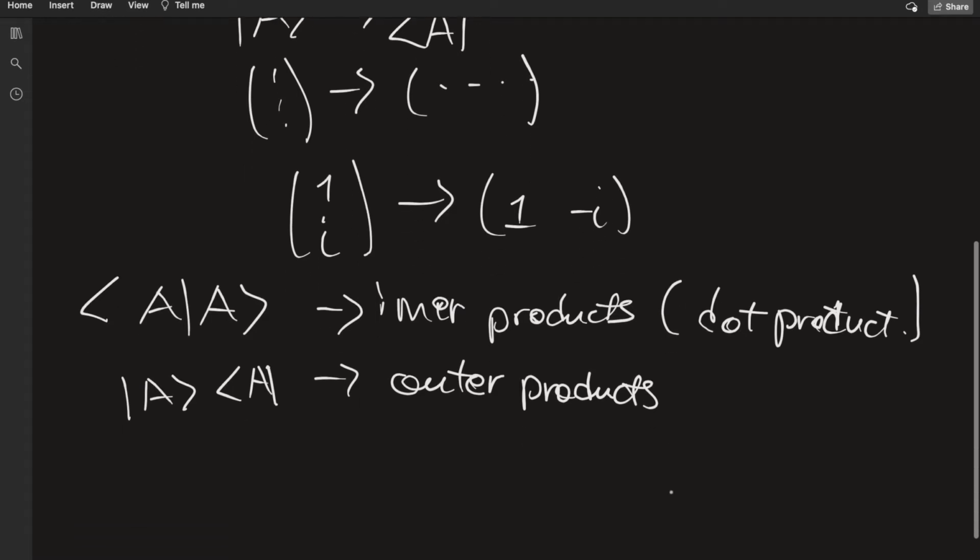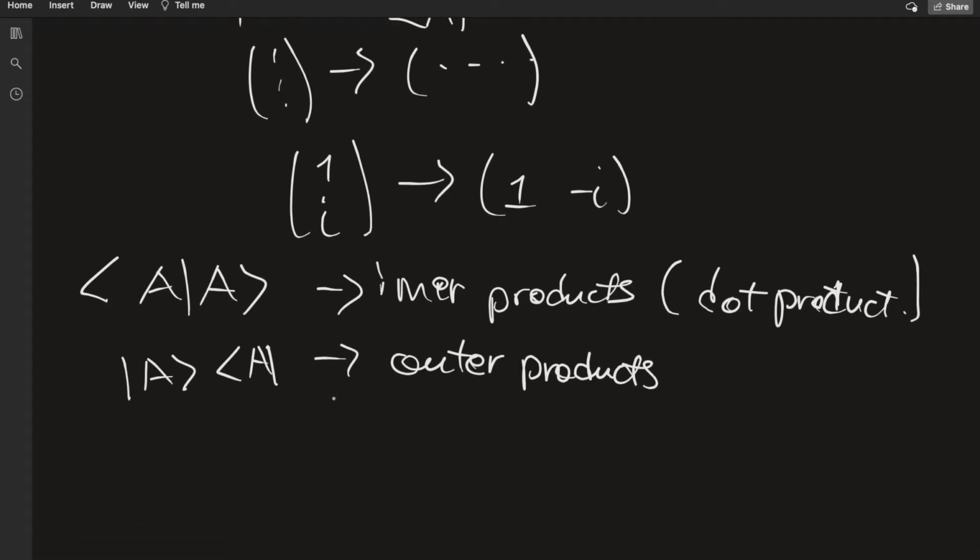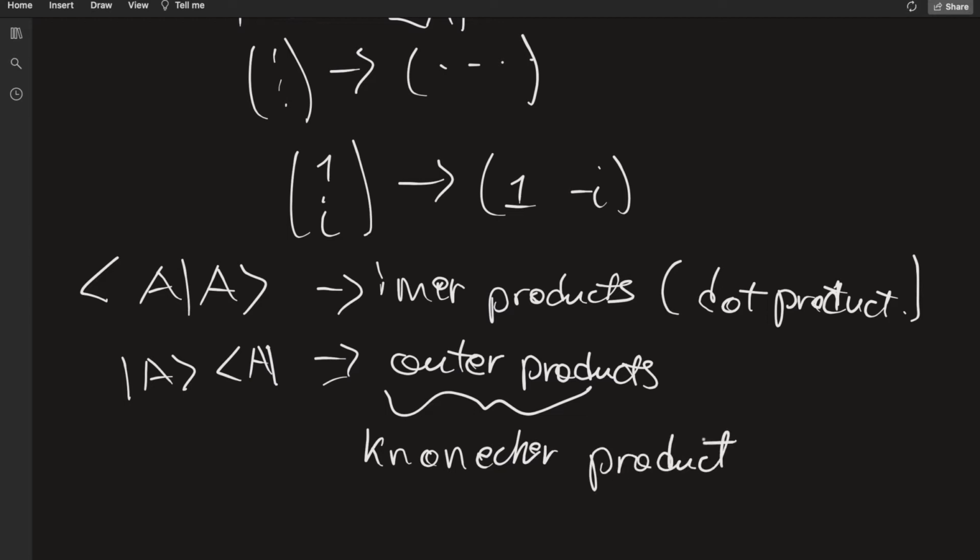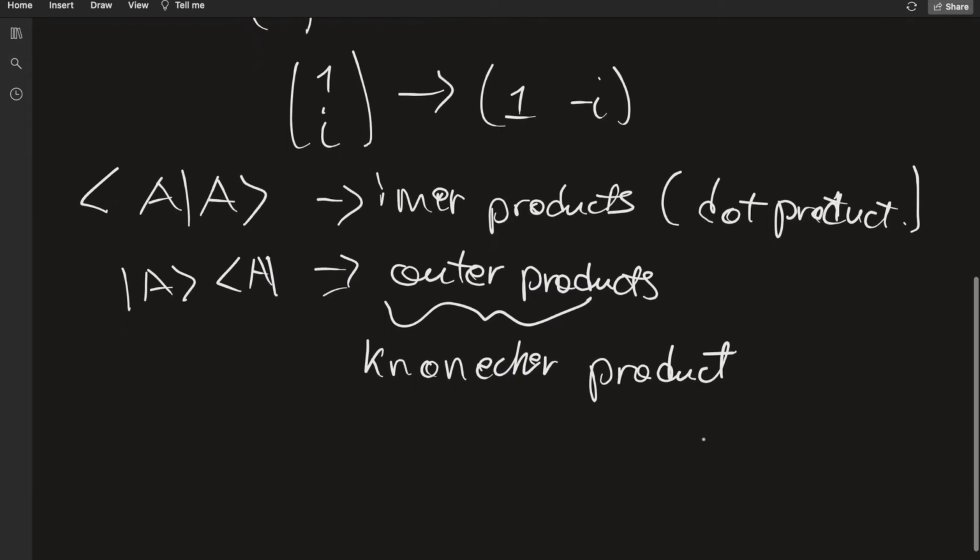All right. But the outer product might be new for many of you. It's a Kronecker product, right? For those who know more, the Kronecker product is a way of representing outer products of vectors in a Hilbert space. So imagine you have a vector like this, and on the other side you have a vector like this.